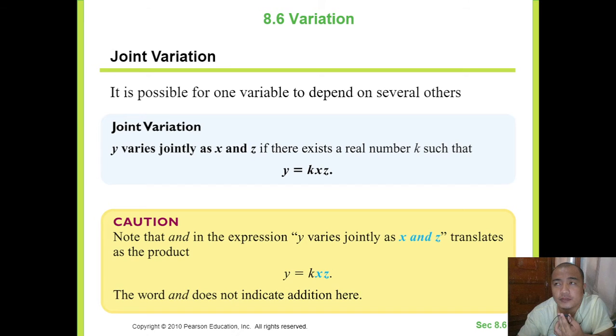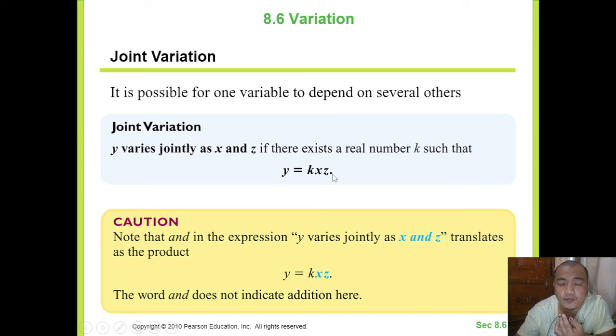And so in inverse and direct variation, it only involves the y and x variables. But joint variation is like direct variation, but it involves a third variable z.